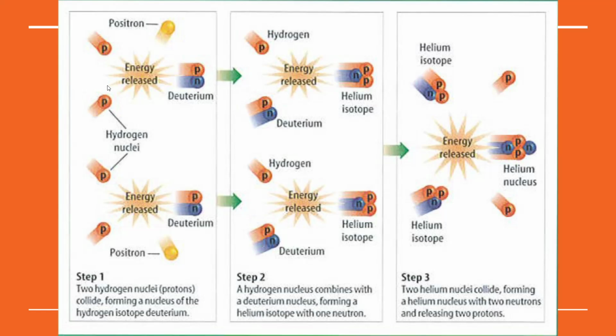And if you get two hydrogen nuclei to run into each other fast enough, they can combine and form another type of hydrogen. This only happens when it's really hot and really squished, like in the center of the sun. So these are breaking all the rules that we learned about chemistry earlier in the year, because this is nuclear chemistry. So these two protons smush into each other and they become this other type of hydrogen.